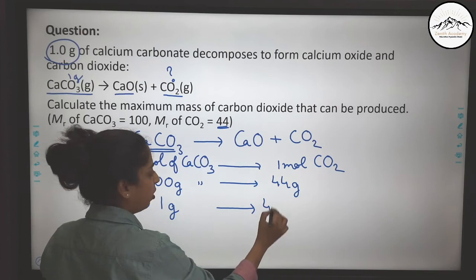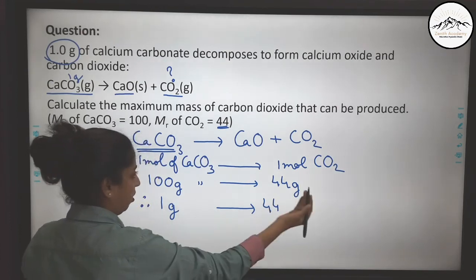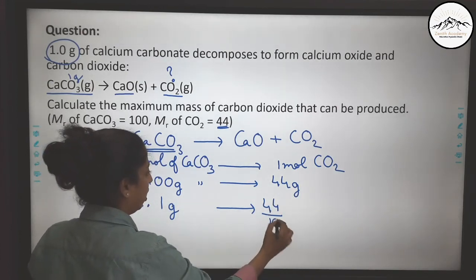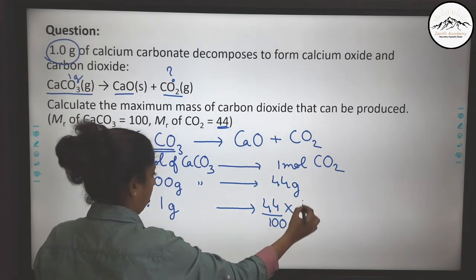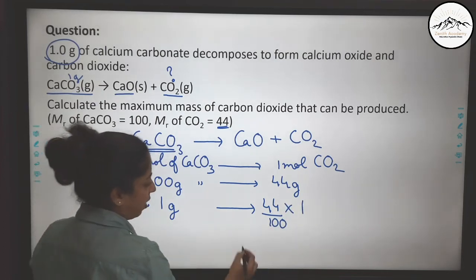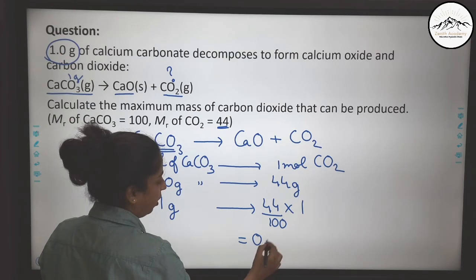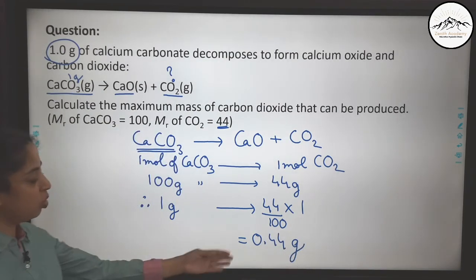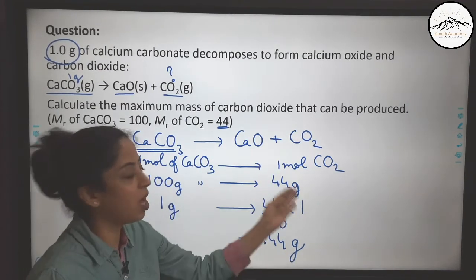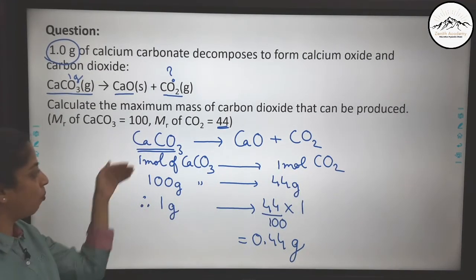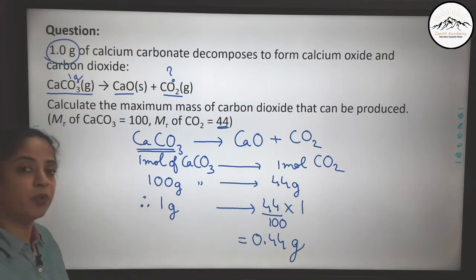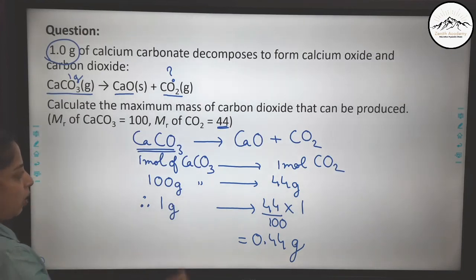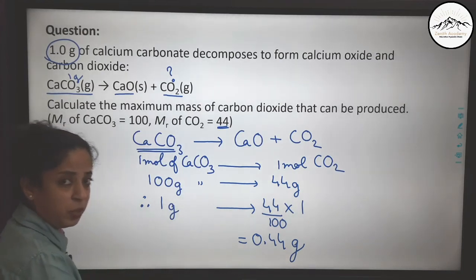Again simple unitary method, right hand side upon left hand side into what is asked. Okay, so 44 divided by 100 becomes 0.44 grams. So 0.44 grams of carbon dioxide will be formed when 1 gram of calcium carbonate decomposes. I hope this method is very clear to you.